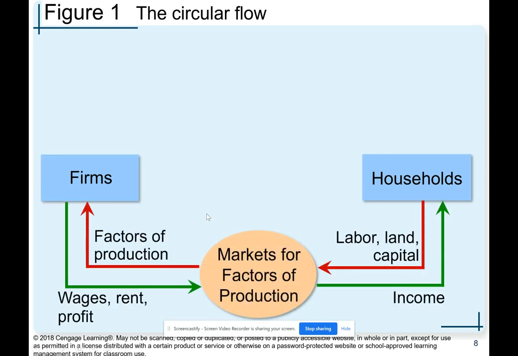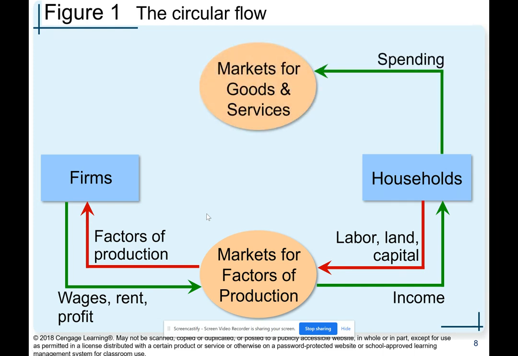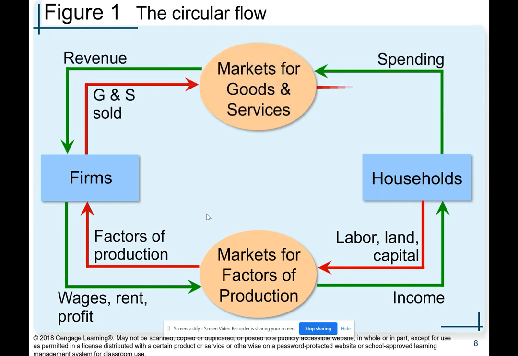Households supply factors of production, land and labor and capital, and business firms demand factors of production. And they interact in the factor market for factors of production.